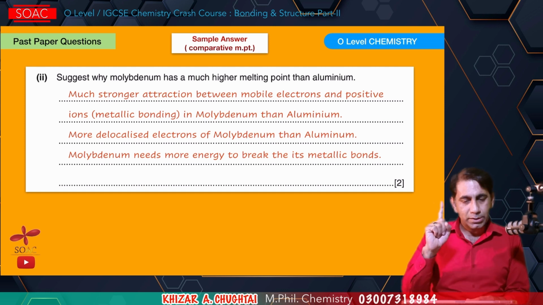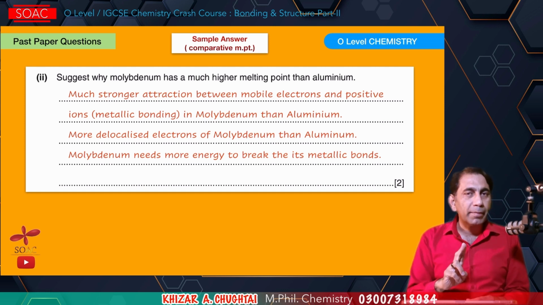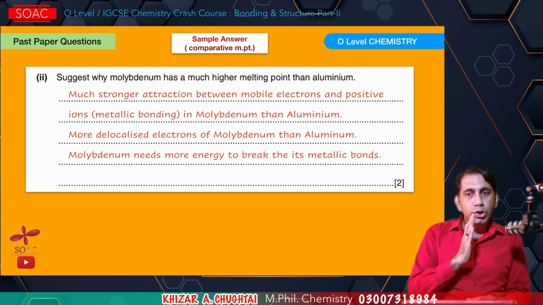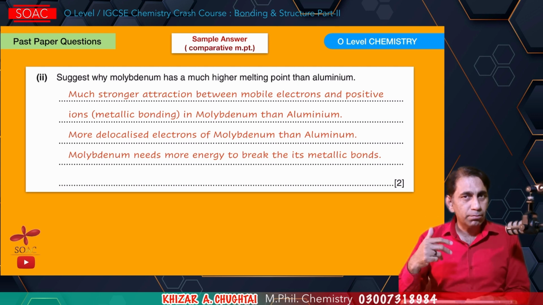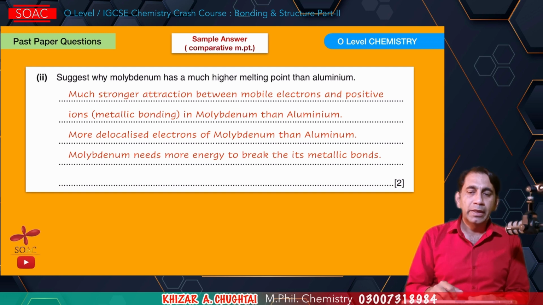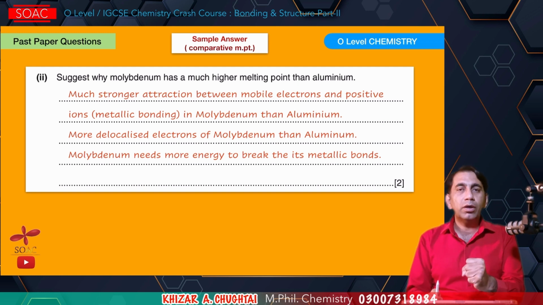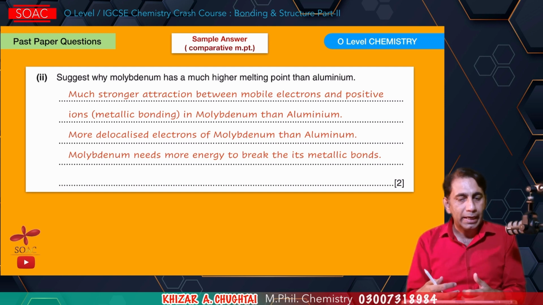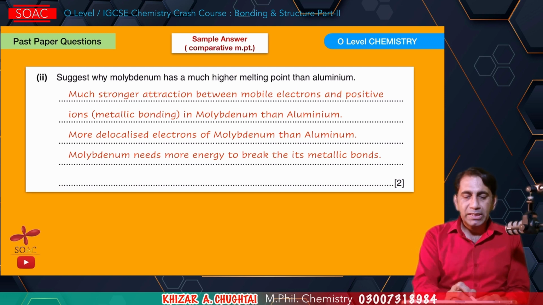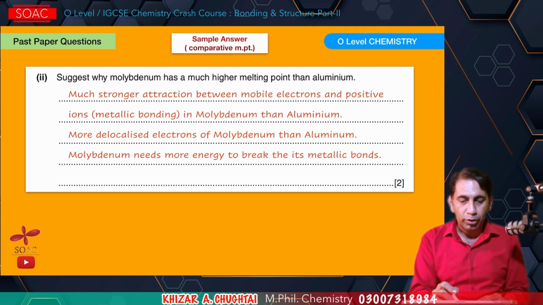Sodium can delocalize 1 electron. Aluminium can delocalize 3 electrons. So among sodium, magnesium and aluminium, which one delocalizes more electrons? That is aluminium. So aluminium will make a stronger metallic lattice and a stronger metallic bond. Once again, much stronger attraction between mobile electrons and the positive ions. That is the second name of metallic bonding.